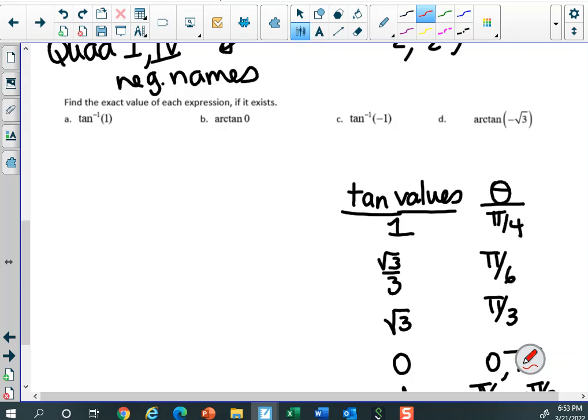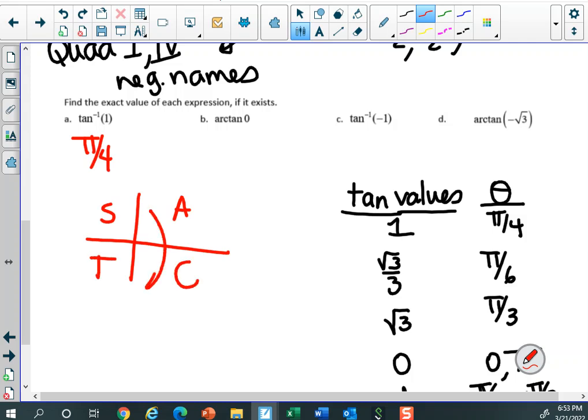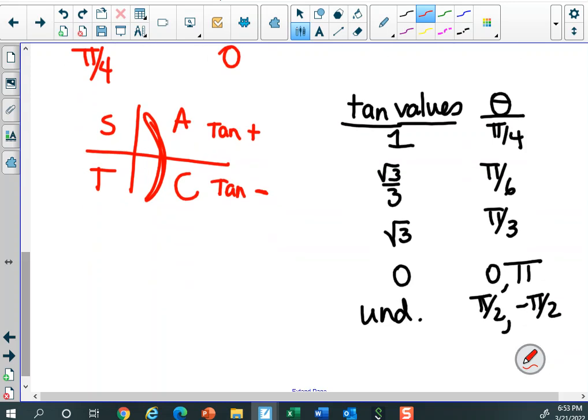Then doing a problem like inverse tangent of positive 1 is positive pi over 4. If I'm only looking at these two quadrants, tangents are positive in quadrant 1, tangents are negative in quadrant 4. Inverse tangent of 0 is 0. Did I write pi down here?